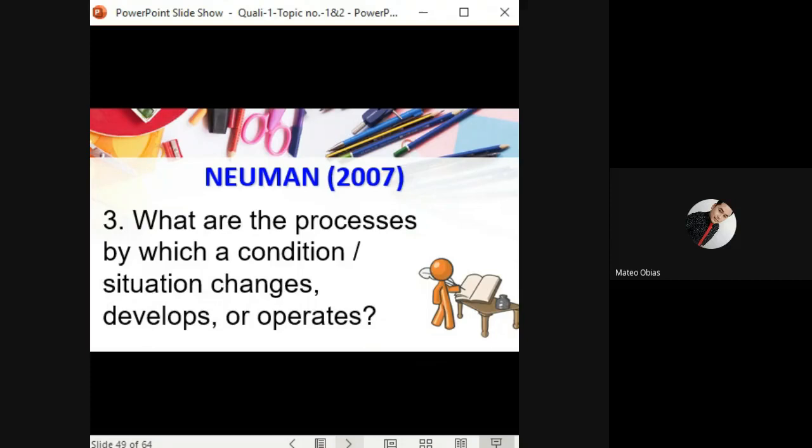And number four, what psychological interventions can address the problem of smoking? O, di ba may psychological pa siya, interventions. Kasi according to studies, ang pag-smoke mo, meron daw dahilan. Okay, psychologically, bakit nag-smoke yung tao.